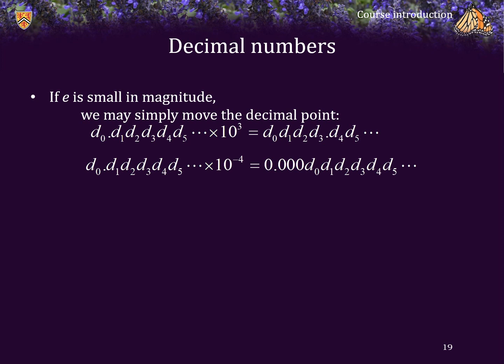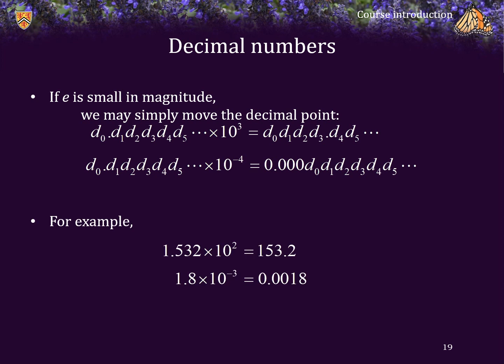If the exponent is negative, we can move the decimal point to the left and add sufficient zeros. So, for example, 1.532 times 10 to the 2 is 153.2. 1.8 times 10 to the negative 3 is just 0.0018.